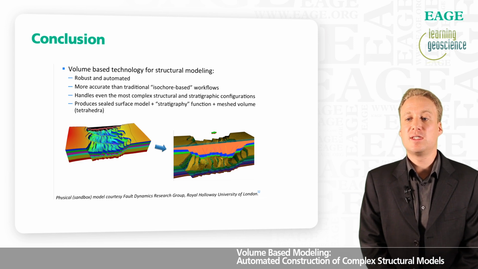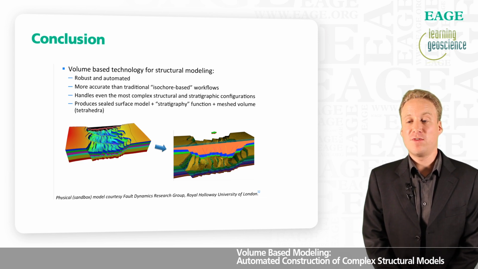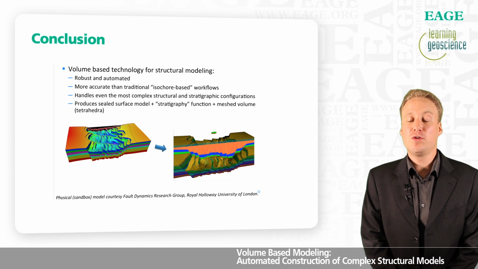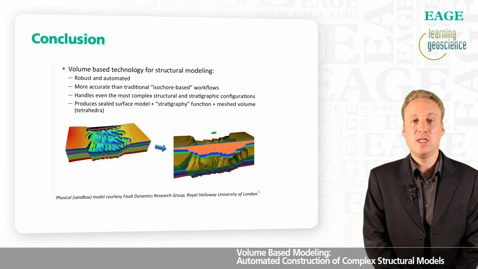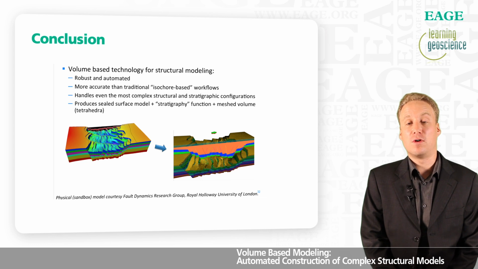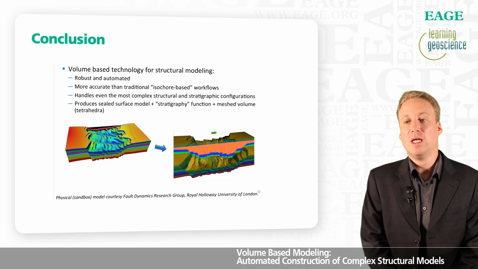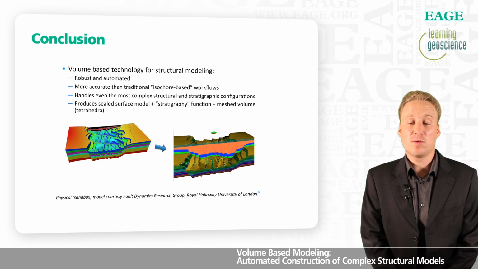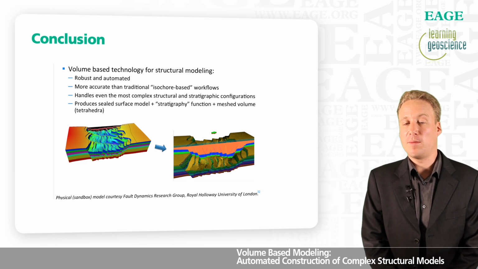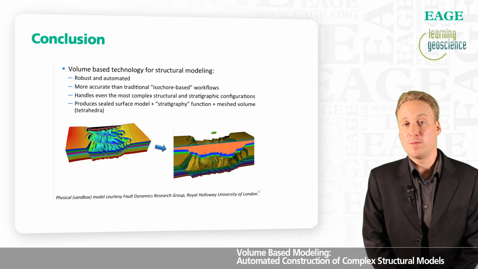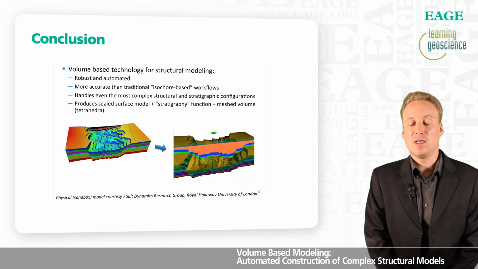It produces a structural surface model, but it also produces things that are not produced by surface-based techniques, which is a stratigraphy function, which has many uses by itself. It can be used for well correlation or for gridding, for example. And it produces as well a meshed volume, a tetrahedral mesh, that can also be used for other purposes, typically geomechanical workflows.